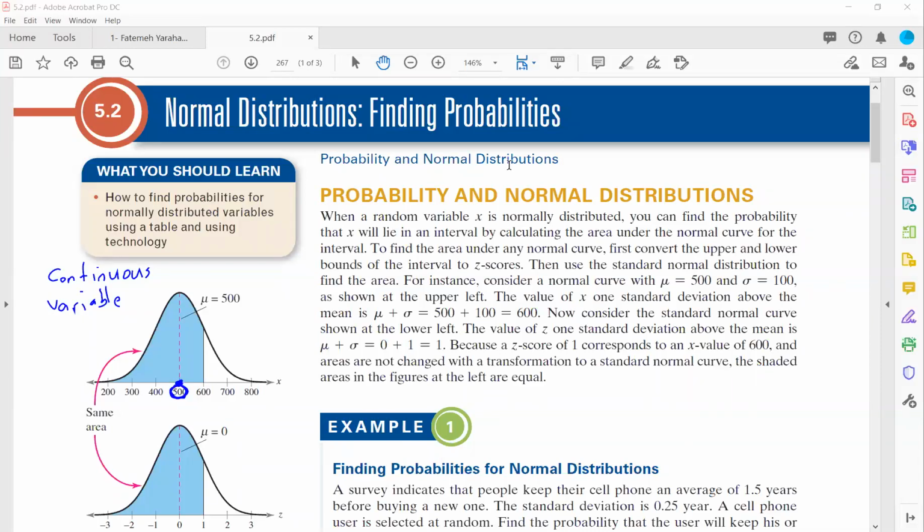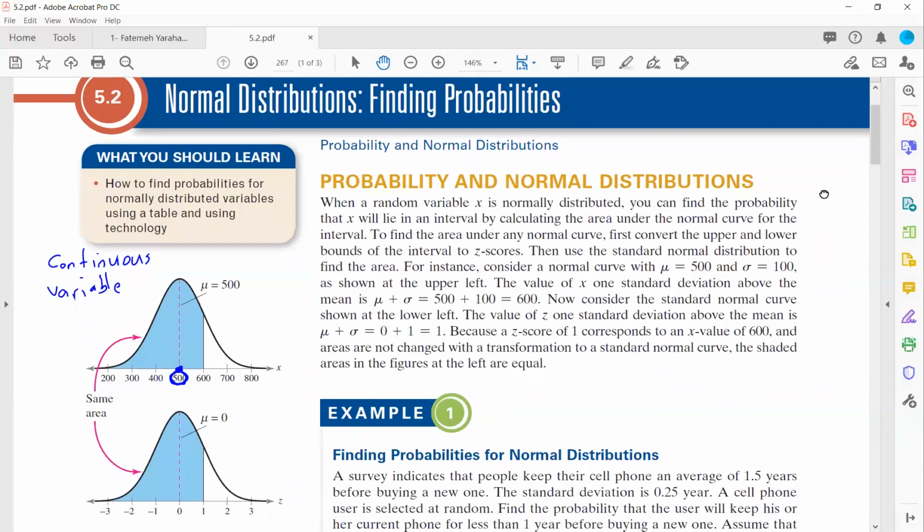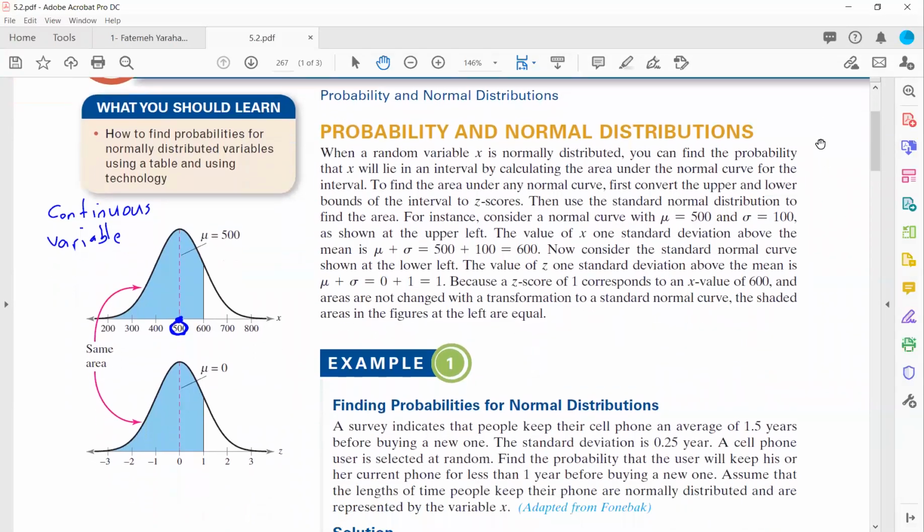Then we saw that we can find the probability using the area below the graph. To use a normal distribution function or Z table, we have to convert X values into Z values. Our X as original data was 500.